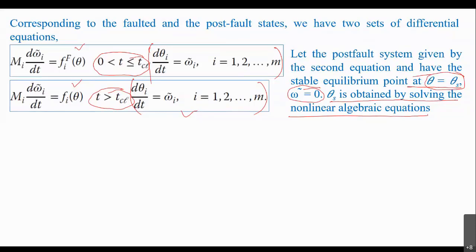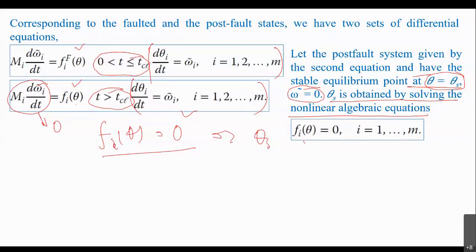As soon as it achieves the stable equilibrium point, the left hand side will become 0. Then we'll have the algebraic equation fi theta equal to 0. From this equation we can find theta s, and then also we can find omega tilde. We'll see it later for single machine infinite bus system.